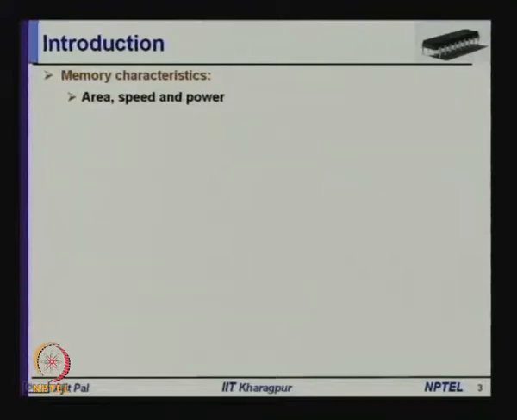For example, if you look at any present day processor, you will find that more than 50% of the real estate is occupied by memory. And obviously, power dissipation of memory will play an important role. That is the reason why you have to develop memory devices that will consume lower power.